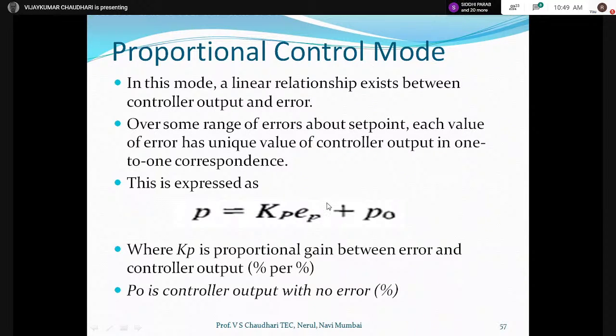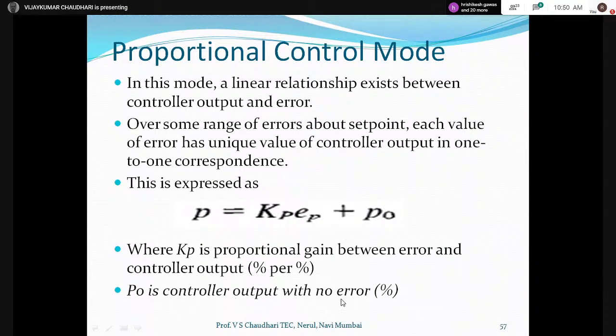So the mathematical expression for proportional control mode is: controller output P is given by some constant Kp, called the proportional gain. Kp into Ep, where Ep is the error, plus P0.